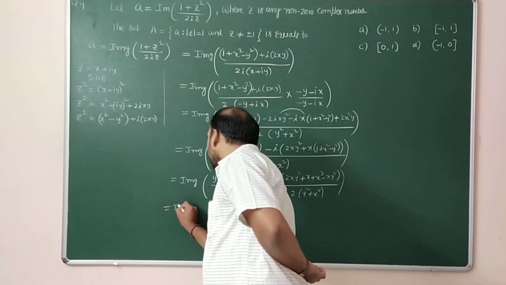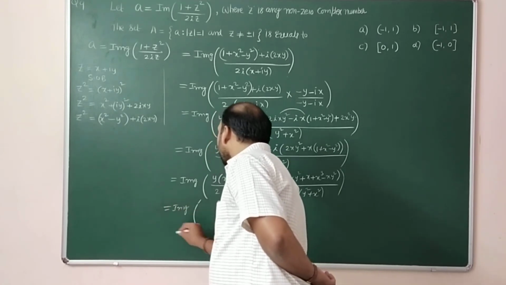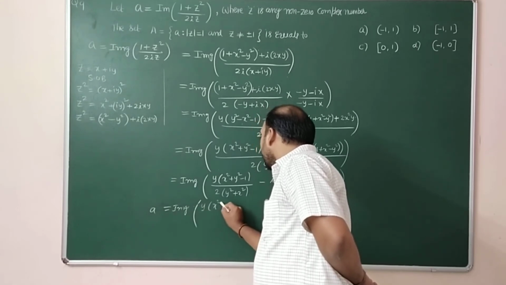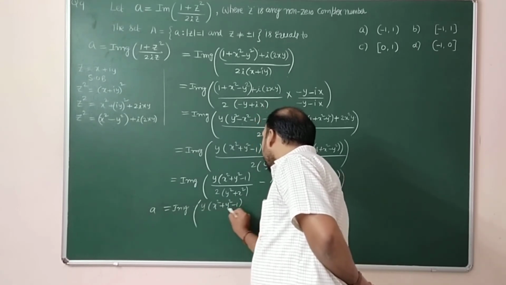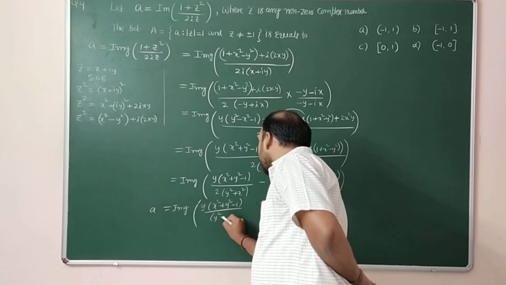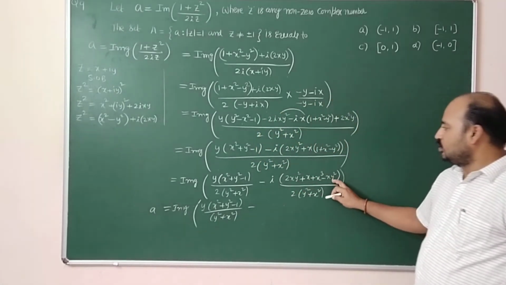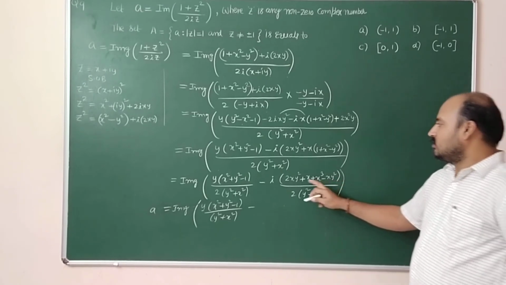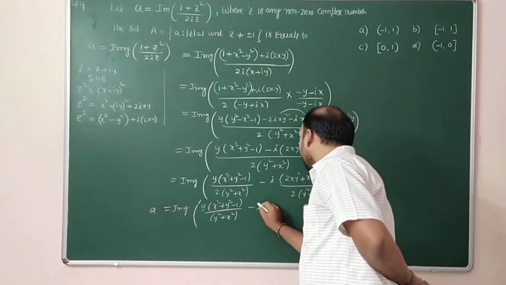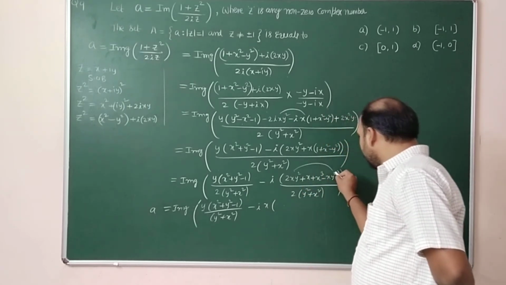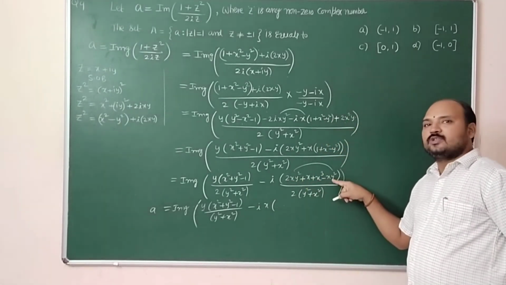So now the imaginary part of this is completely only y into x square plus y square minus 1 divided by y square plus x square. From these two, xy square only will come. So throughout take x common, x into, so from these two 2xy square minus xy square is xy square.